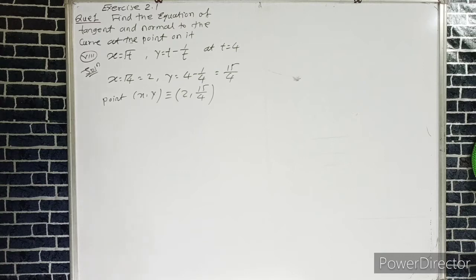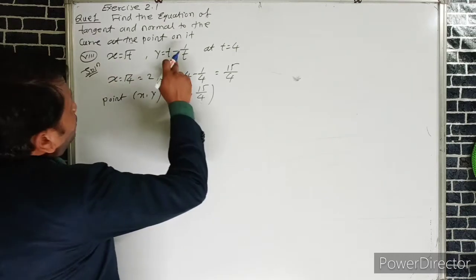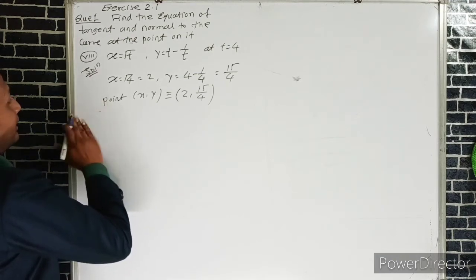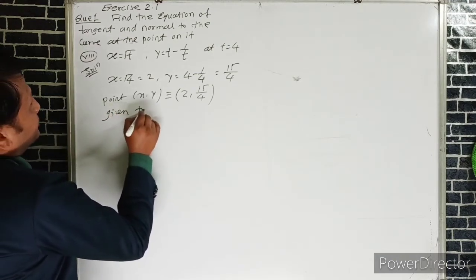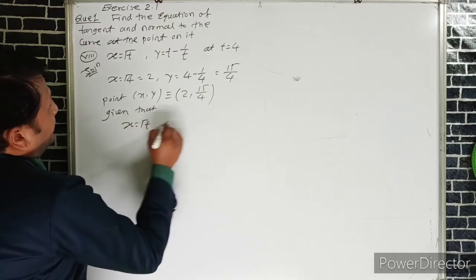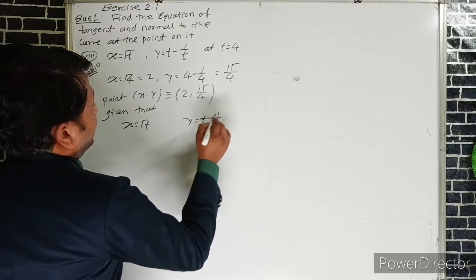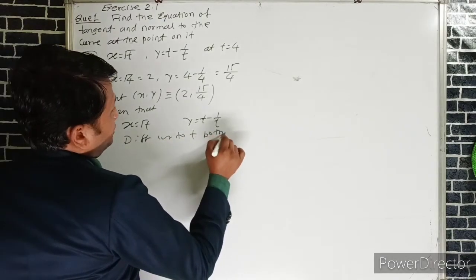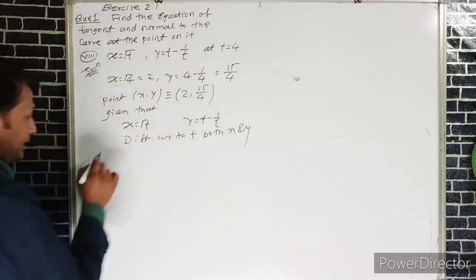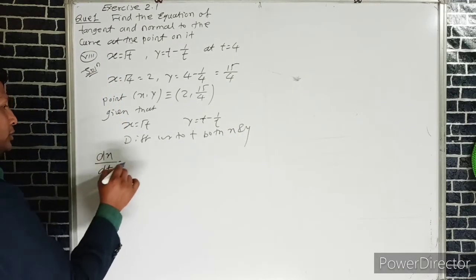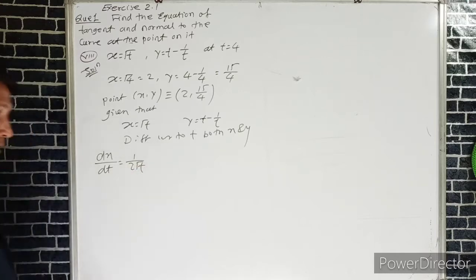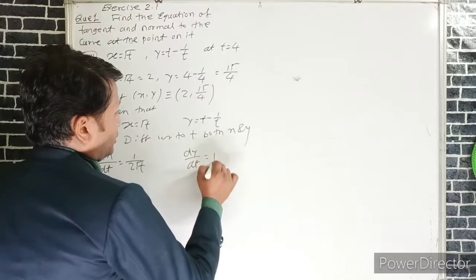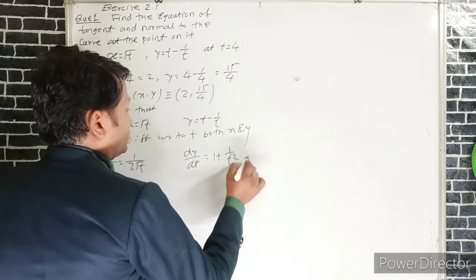So first we have to find the slope of the tangent by using x is equal to root t, y is equal to t minus 1 by t, the given function which is in parametric form. If we differentiate both x and y with respect to t, we can write the derivative of x with respect to t is 1 upon 2 root t, and the derivative of y with respect to t, dy upon dt, is equal to 1 plus 1 upon t square.